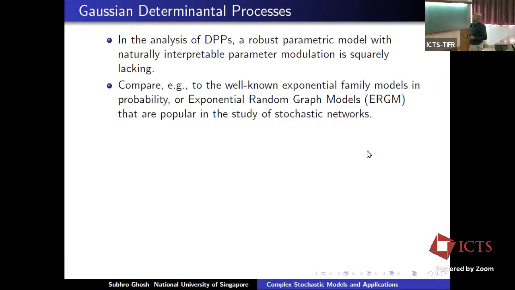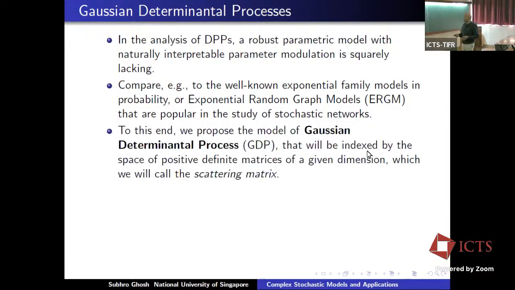For example, we can compare this question to the well-known exponential family models in probability, such as exponential random graph models, which are popular in stochastic networks. These are precisely explicit classes of probability distributions on graphs which are parameterized by a small number of parameters, and you can prove various detailed structural results because of that fact.